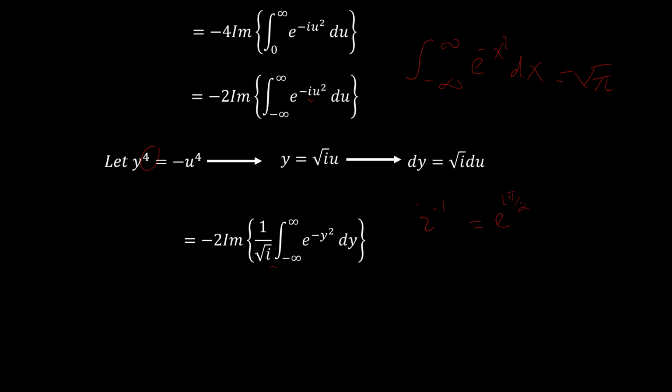Because this is cosine pi over 2 plus i sine pi over 2. So i sine pi over 2 is 1, and so i, and then we apply negative 1 here. So negative e to the power. And then now the square root of that is the same as e to the power negative i pi over 4, right?